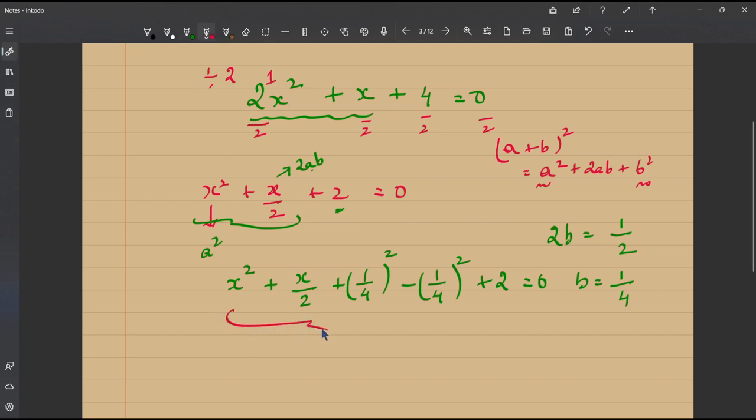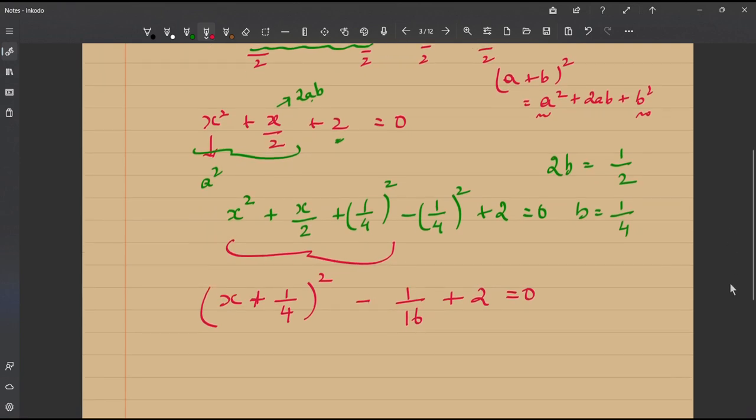This x squared plus x by 2 plus 1 by 4 the whole square is a perfect square and it can be rewritten as x plus 1 by 4 the whole squared. And what about our constant terms? It is minus 1 by 16, 4 into 4, 16, plus 2 is equal to 0.